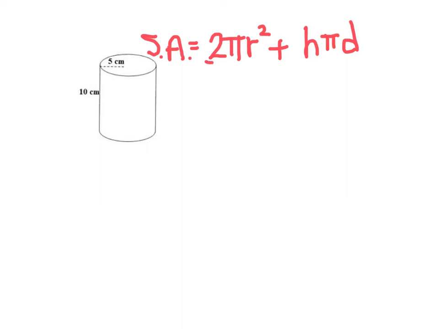Again, this is the area of the two circle faces, and this is the area of that curved part, which would be a rectangle if we were to stretch it out.